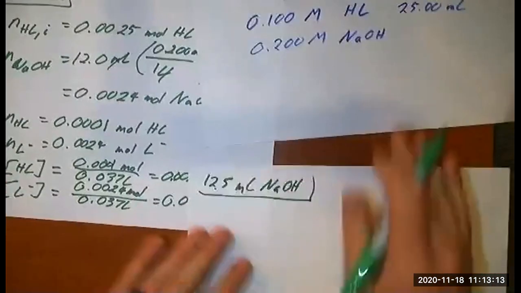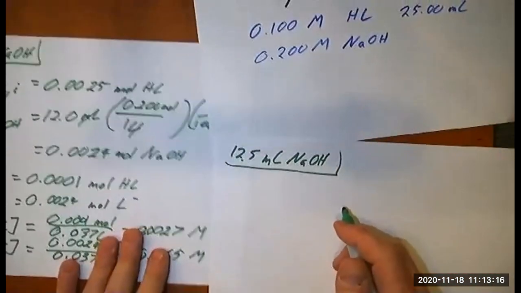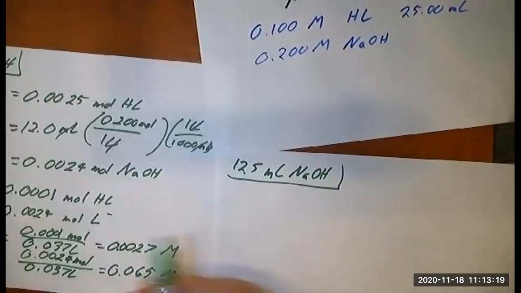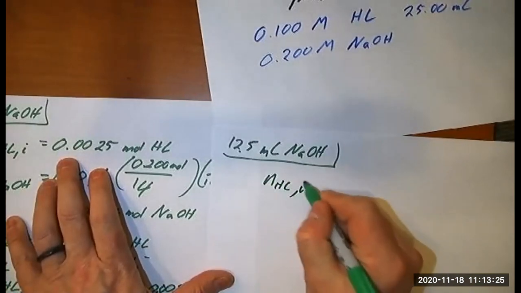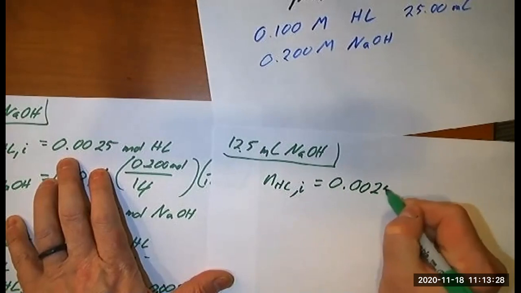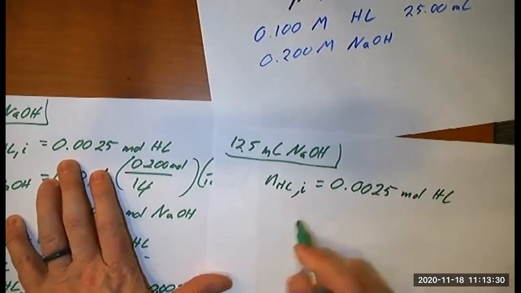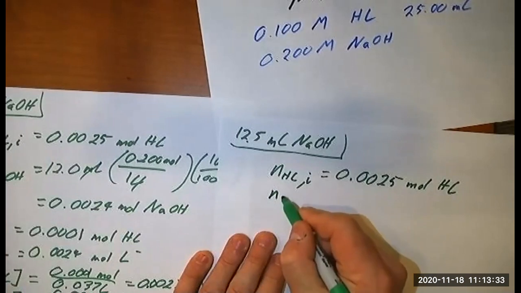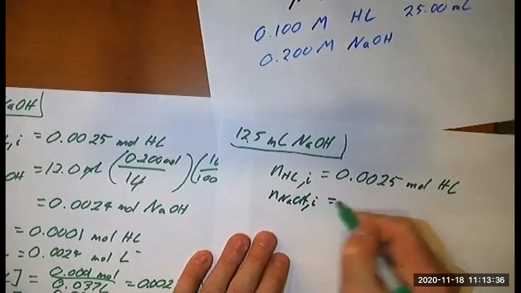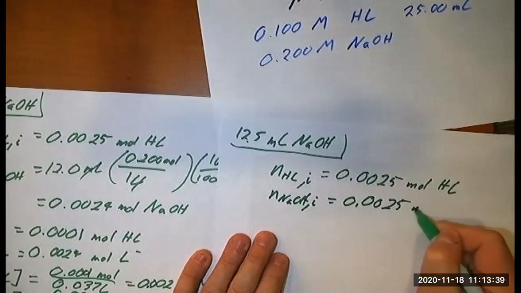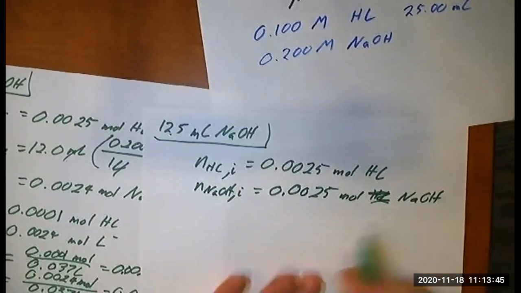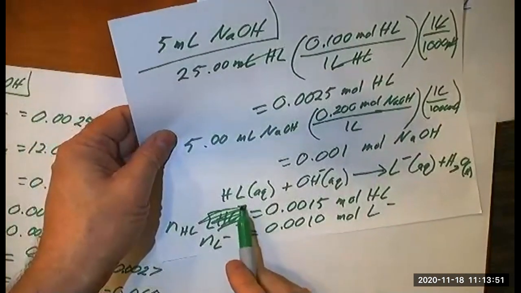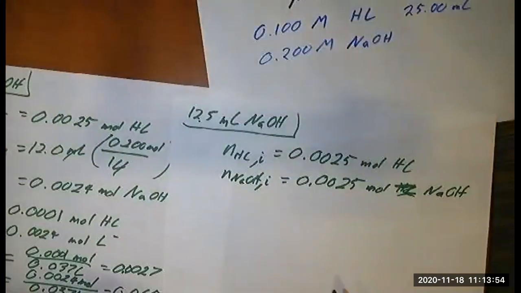We can short circuit this one quite a bit because we know how much HL we started with is 0.0025 moles. We now know we've added the same amount of the sodium hydroxide, NaOH. So when we do this shift, what we have done now is we've reacted away all of the HL to make L minus.